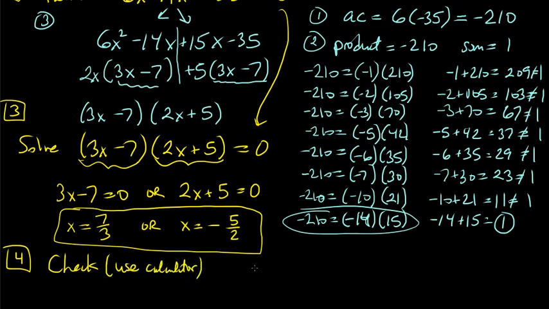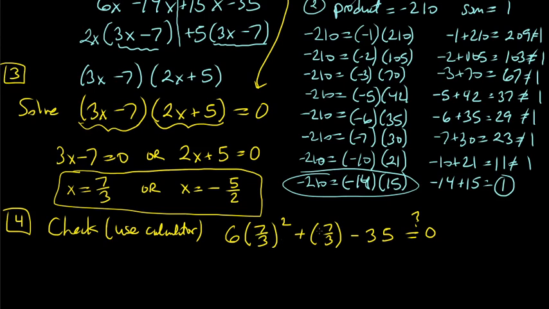So if I take 6 times 7 over 3 squared plus 7 over 3, and then minus 35, do I get 0? So this is one that you could work out by hand, but it's not particularly pleasant.